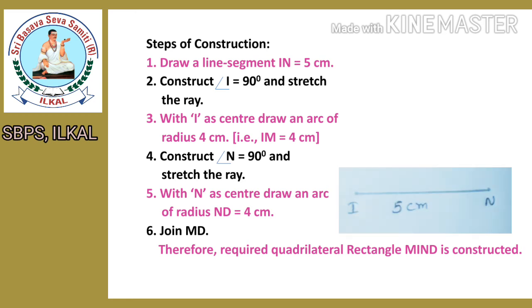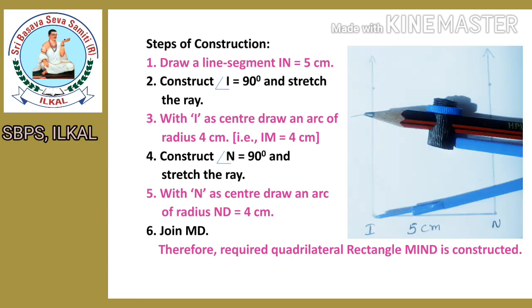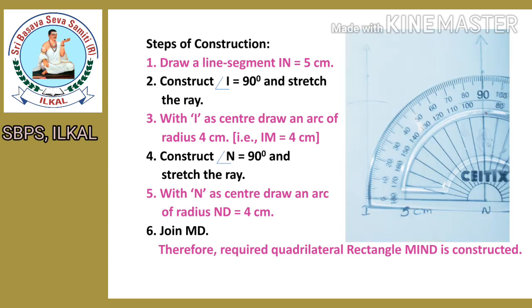Step 1. Draw a line segment IN equal to 5 cm. Second step. Construct angle I equal to 90 degree and stretch the ray. Third step. With I as a center, draw an arc of radius 4 cm. That is, IM is equal to 4 cm. Fourth step.